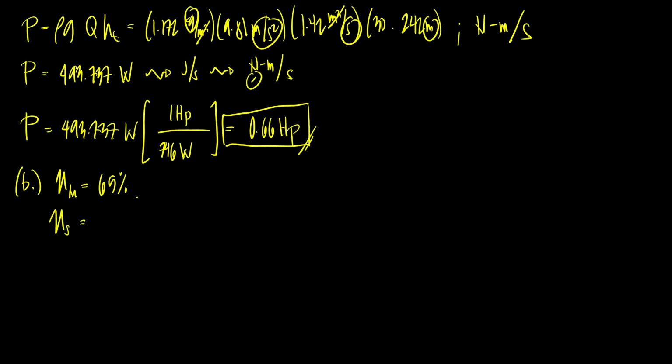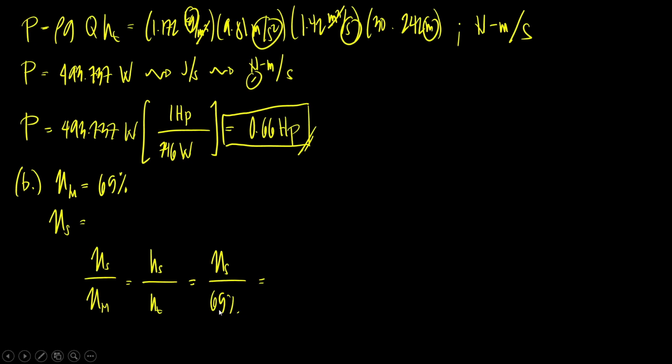Static efficiency is just the efficiency with respect to the static head. Static efficiency over mechanical efficiency is equal to static head over total head. We have the mechanical efficiency of 65% or 0.65.